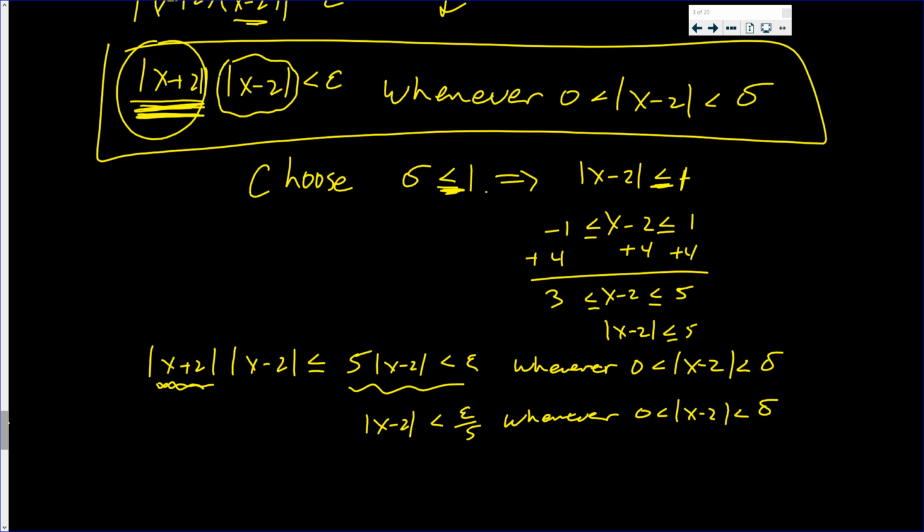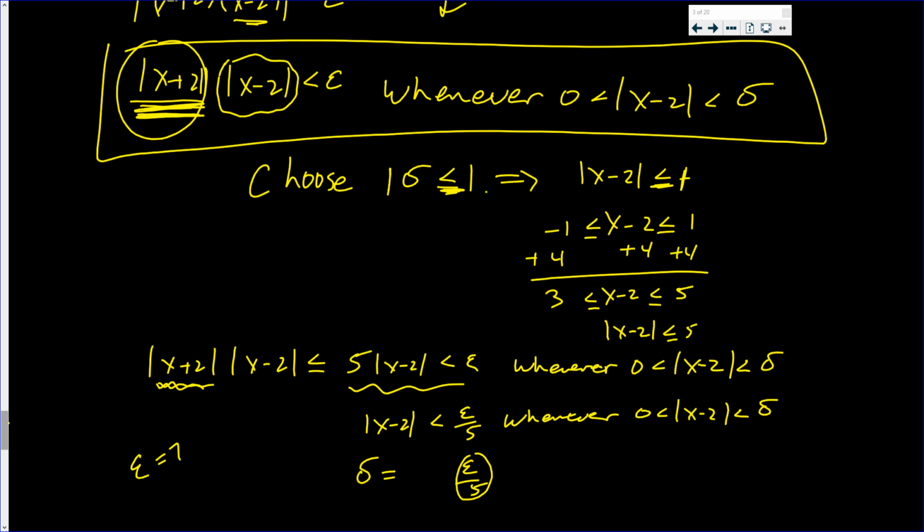Okay, now, you have to be careful before you just say that delta is equal to epsilon over 5. That wouldn't be true. For example, if epsilon is 7, epsilon over 5 is more than 1.